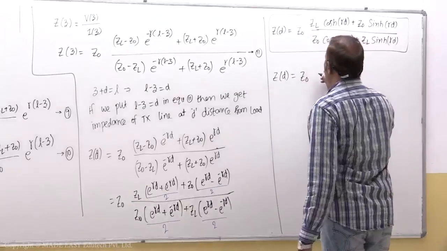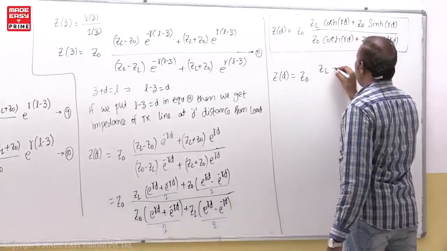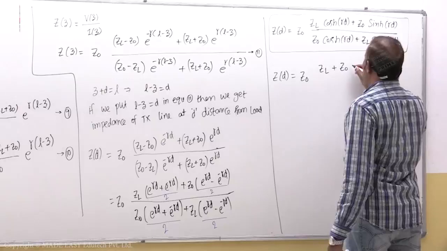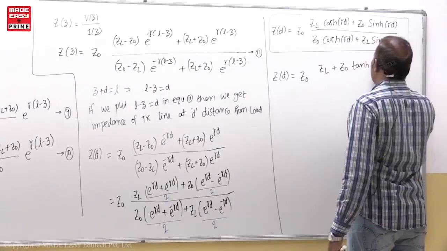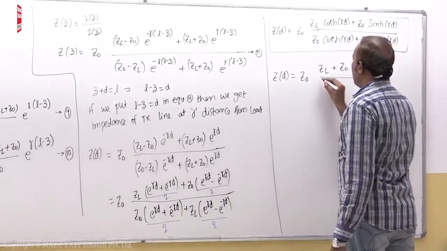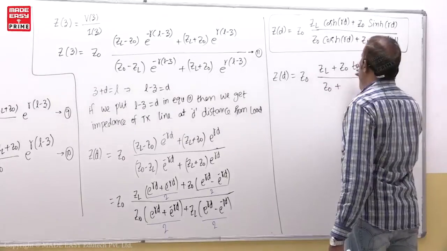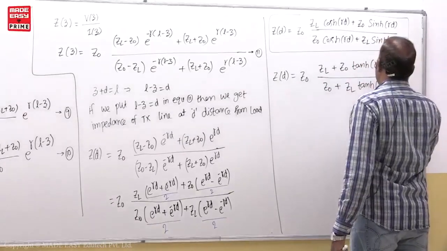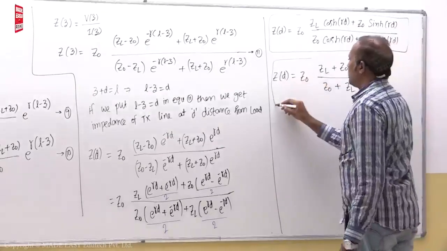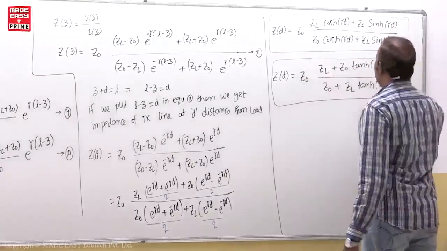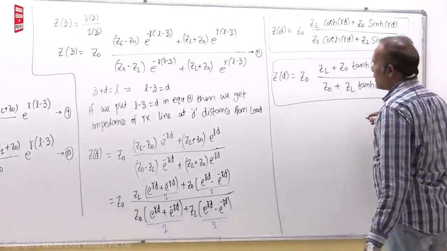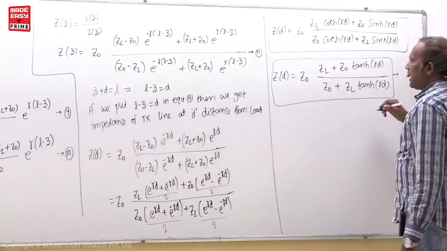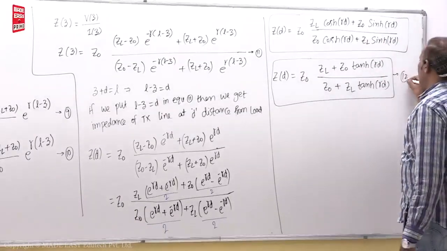So Z naught, ZL plus Z naught tan h gamma d divided by Z naught plus ZL tan h gamma d. So this is the equation which you have to remember. I will be writing this in the note, equation number 12.